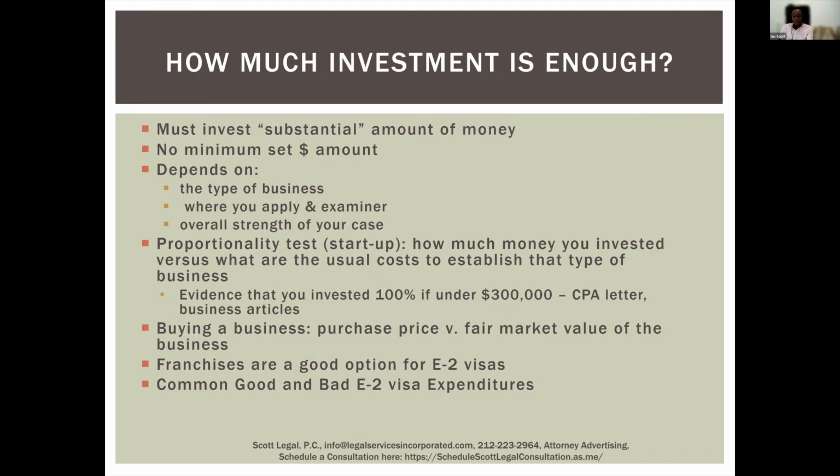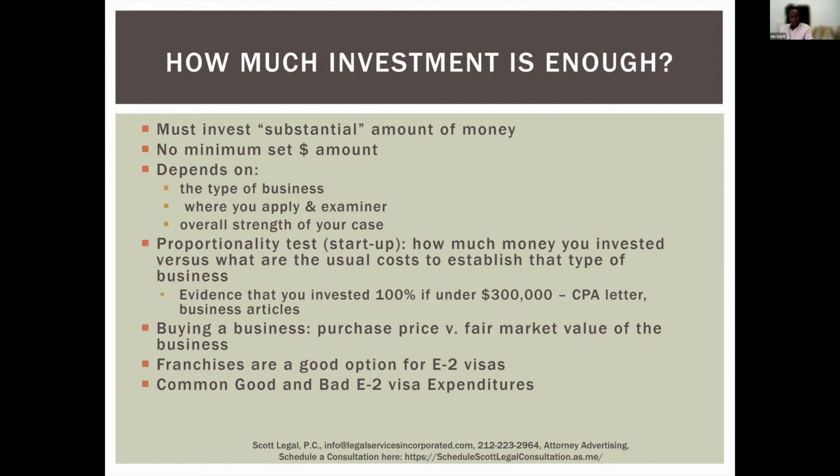So, for example, if you have a case that has factors that make it strong, so perhaps it's a franchise that you're buying, or perhaps you're engaging in a business that the government already sees would have a large number of employees, like a restaurant. Or you may have other factors. You may have employees already. You may have a track record of proven success, or other things that make the case stronger.